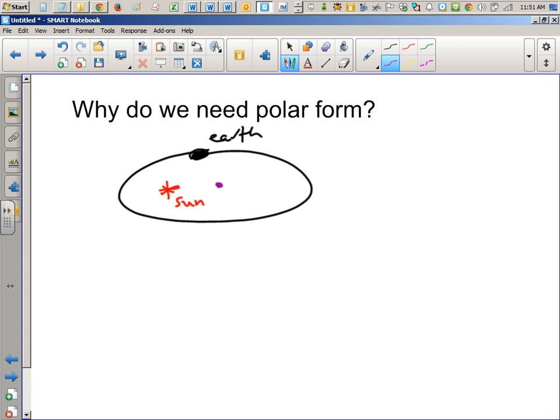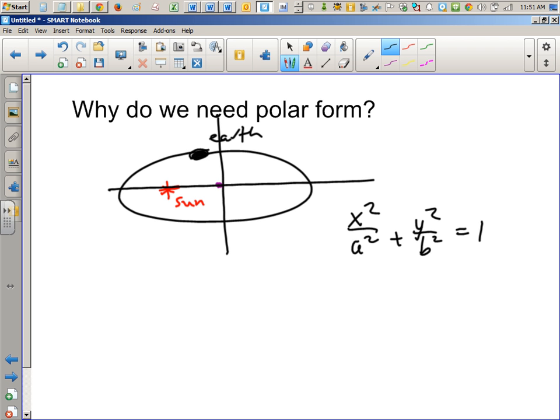Okay, now let's say that this was an ellipse centered at 0, 0. The equation would be x squared over a squared plus y squared over b squared equals 1. If you tried to change this to polar form, it would look like this. You guys have done this many times.